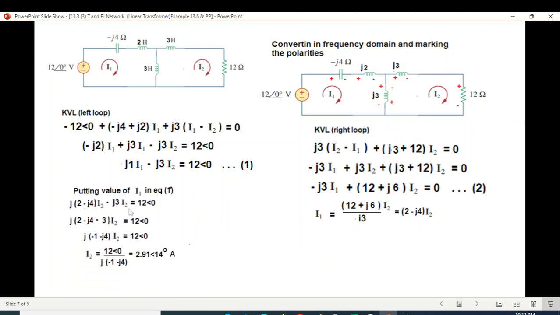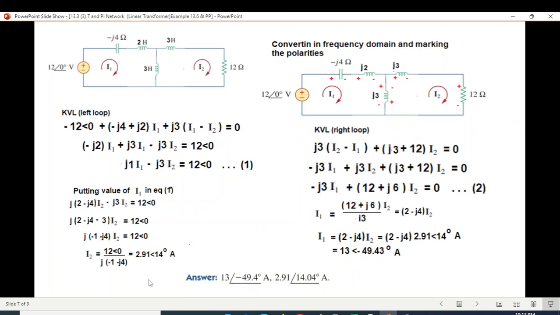So putting this value and solving I2, this ratio again, you need to use your calculator. So this is the answer for I2. Now that we have got I2, we'll put that value here to get I1. So I1, putting in the value of I2, this is I1. So these are the two answers given in the book, same answers.